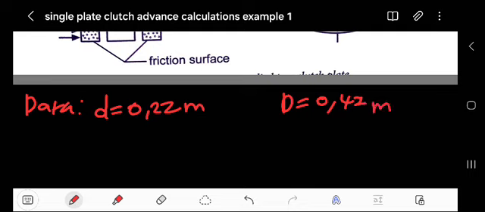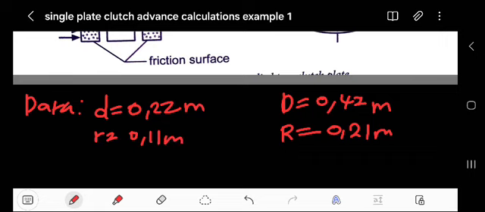But we know we are dealing with the radius, so you divide by 2. The inner radius will be 0.11 meters, and the outer radius, 0.42 divided by 2, will be 0.21 meters. Remember, this is what we are focusing on.